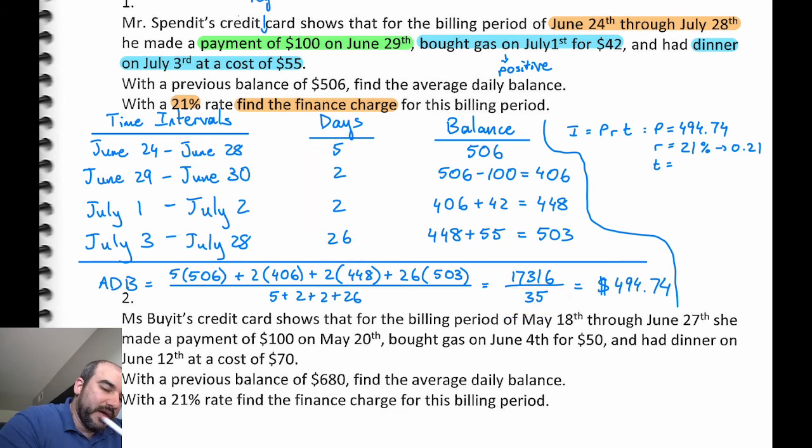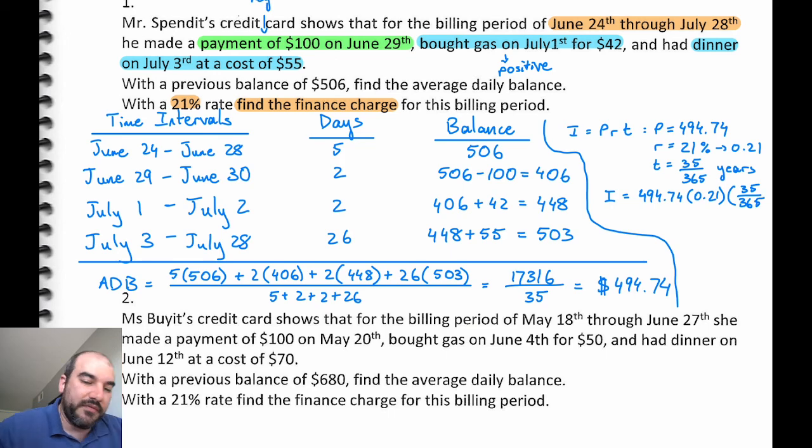So the time is going to be 35 out of 365 because we need it in years. All right, so those are the three things we'll plug into our interest formula, which means interest equals 494.74 times 0.21 times 35 over 365.